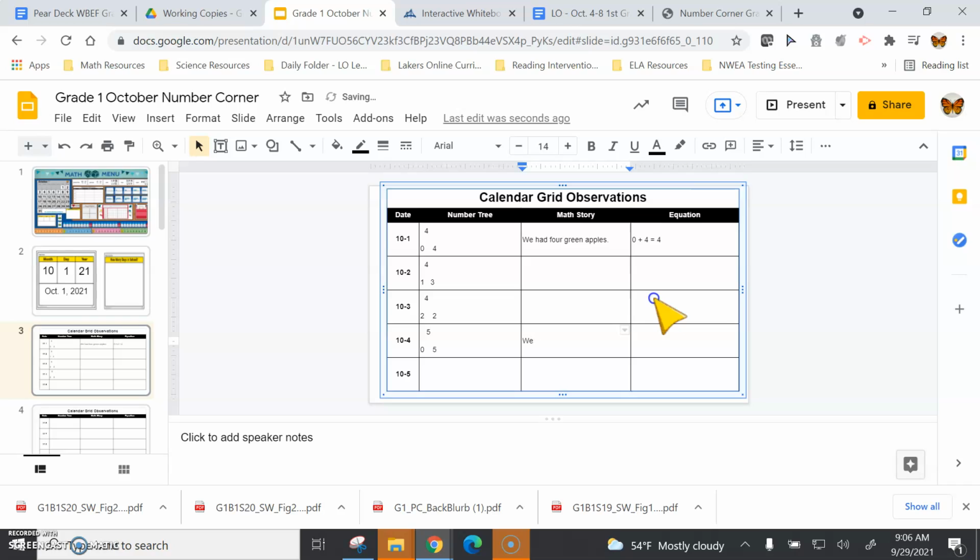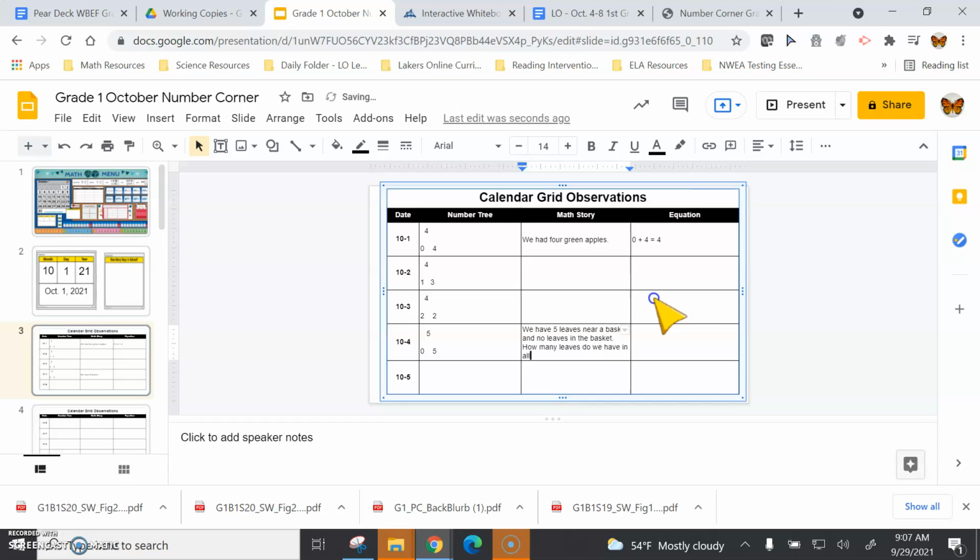We have 5 leaves near a basket and no leaves in the basket. How many leaves do we have in all?